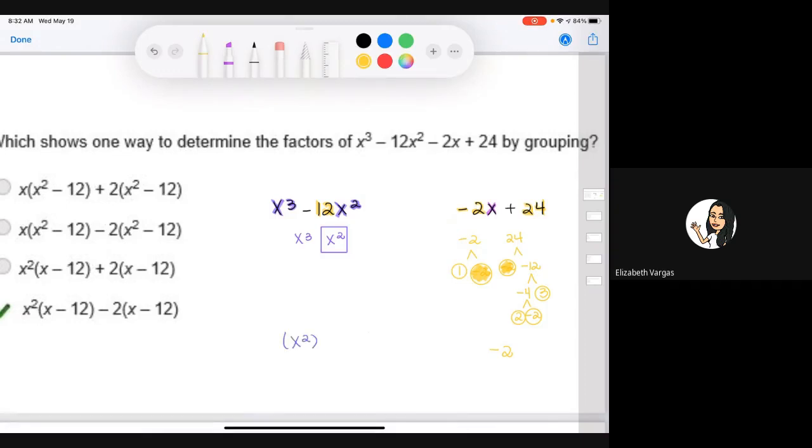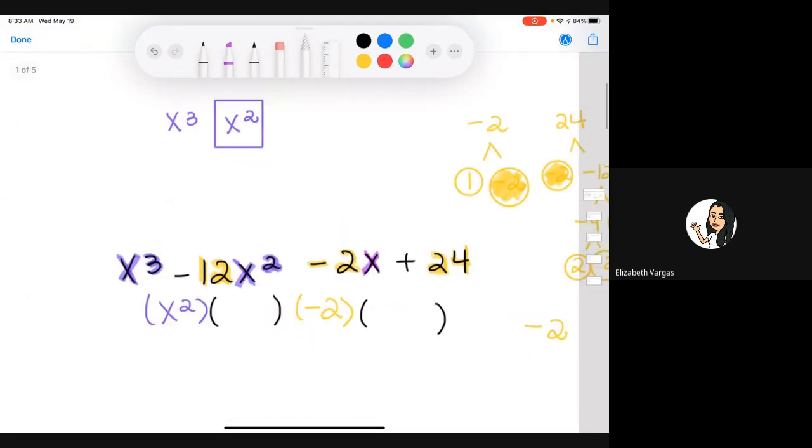The factor of this one was -2. And so now what I basically want to do is see what do I have to multiply to that factor to give me my original expression. So here's my original expression of this side. Here is my original expression of this side. So that's what I'm working with.